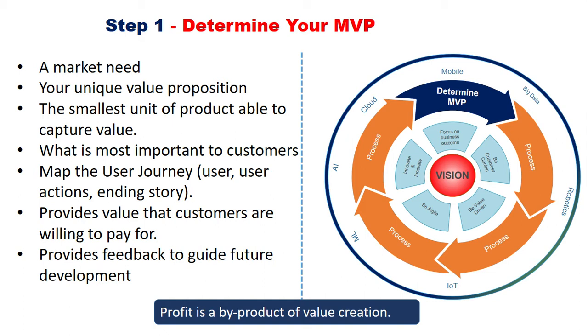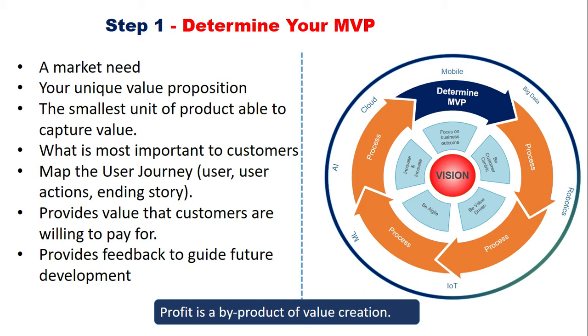Now, you also need to break it down further. What is the smallest unit of your unique value proposition that captures value? Yes, you have come up with a solution to a particular business or market need.